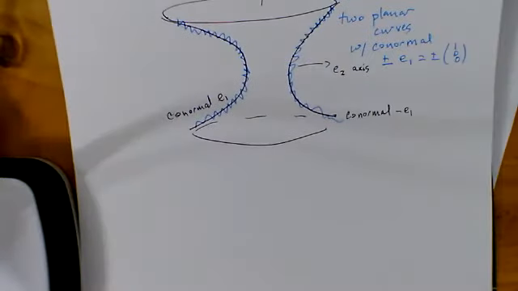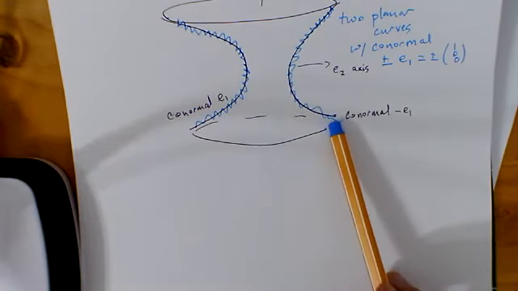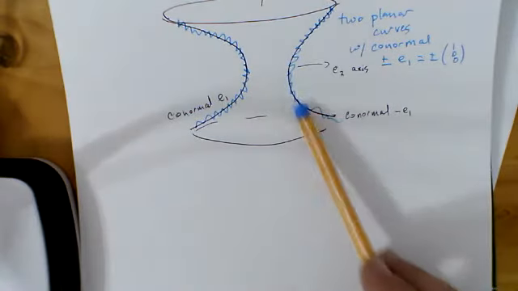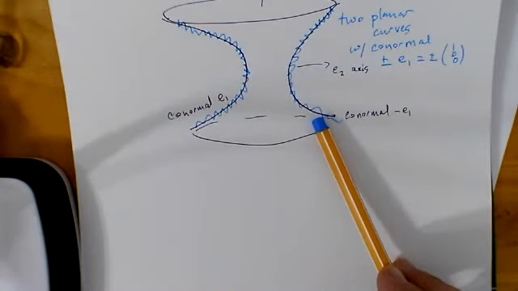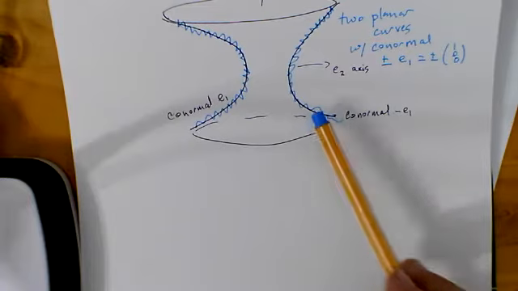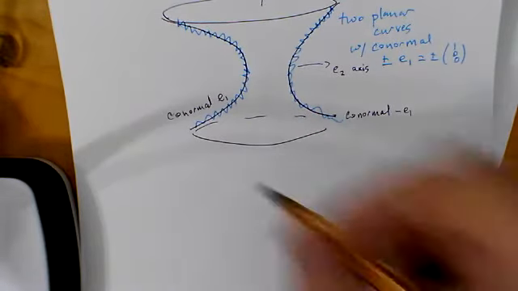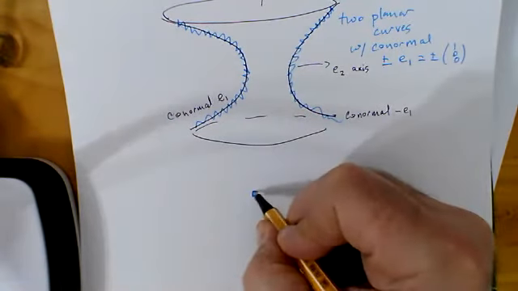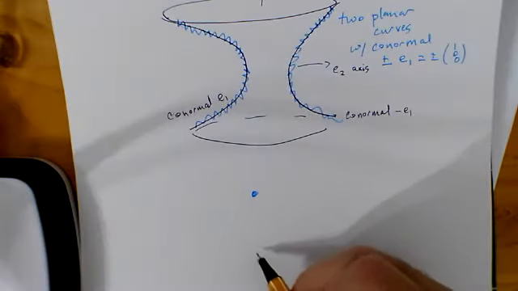If I look at the conjugate surface, I see that the two conjugate curves, I'm going to have one curve with a tangent equal to minus E1, and one with a tangent equal to plus E1.